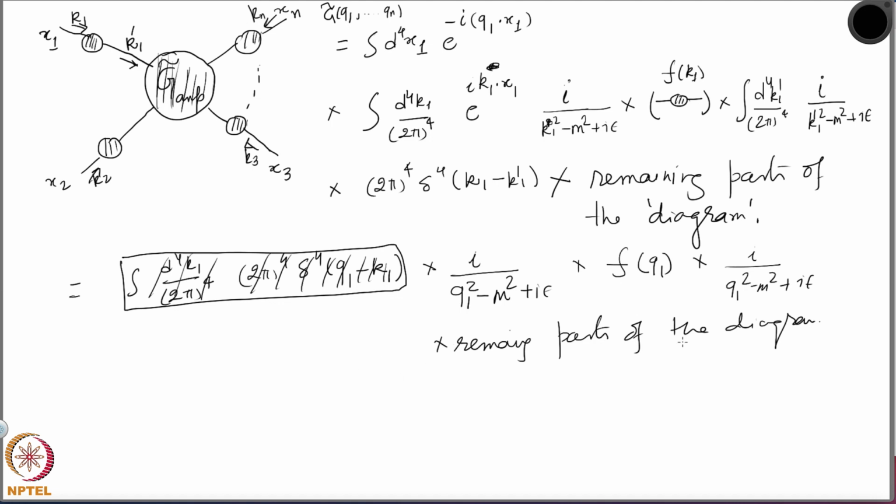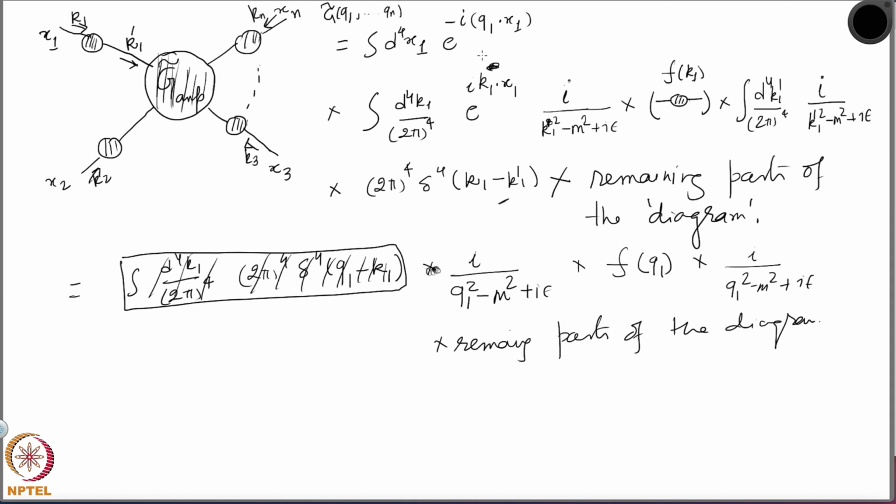Okay, this is correct. So the previous expression is equal to this. You can also check this way that what I am writing is correct. You have one delta function here, and one delta function coming from doing the x1 integral over these two exponentials.